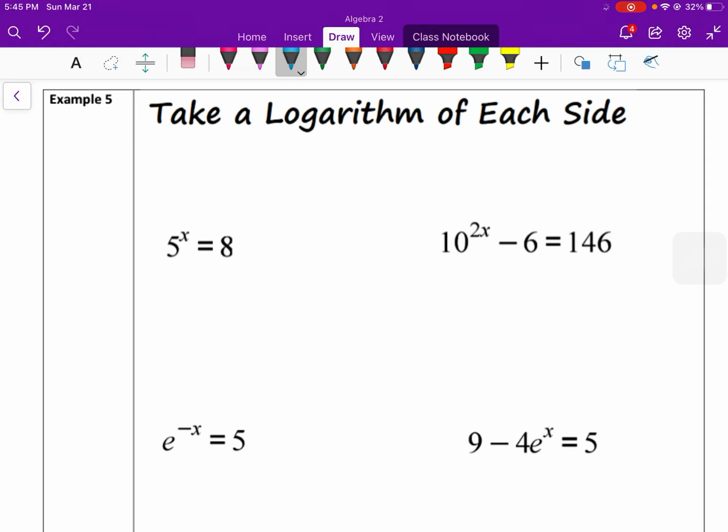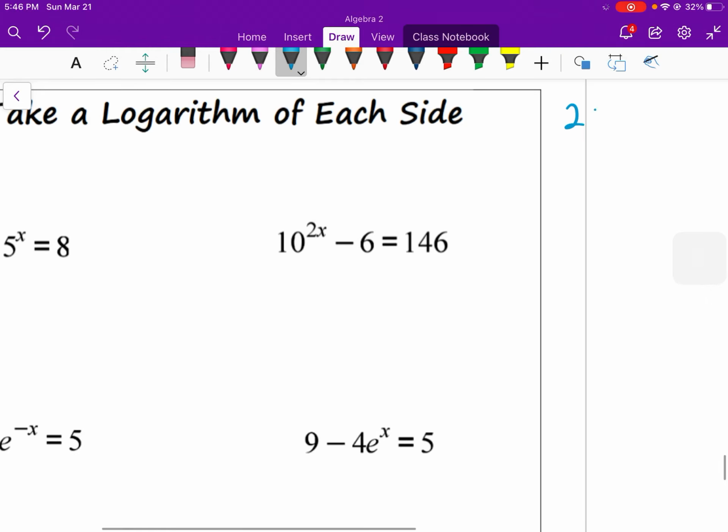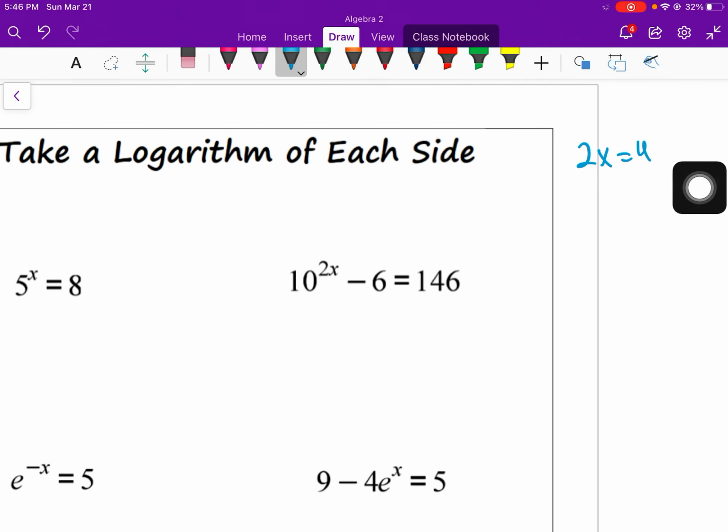Okay, now, since log functions and exponential functions are inverses, like when we have a product of something like 2x equals 4, we want to take the inverse to isolate for x, so we would divide both sides by 2. Boom, and get x equals 2. We can solve that one.